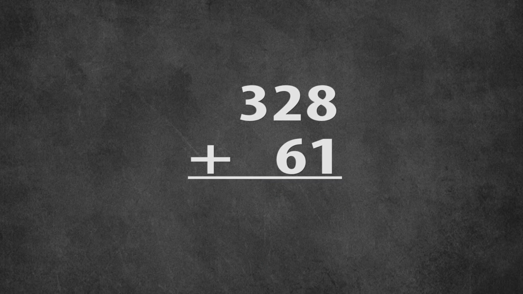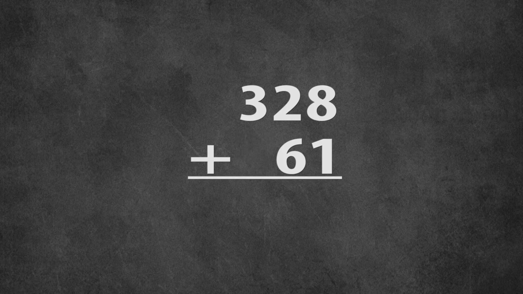Let's take a look at another one. In the problem 328 plus 61, we must realize that 61 does not have a hundreds place. We need to make sure when we set this problem up that there is nothing below the 3 because the bottom number does not have a hundreds place.